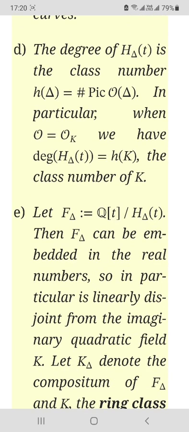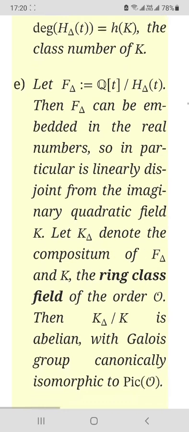The degree of H_delta(T) is the class number h(delta), the order of the Picard group of O of discriminant delta. In particular, when O is equal to O_K, the degree of the Hilbert polynomial is equal to the class number of K.